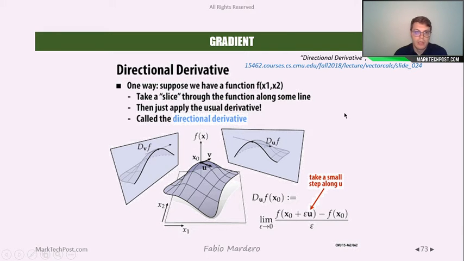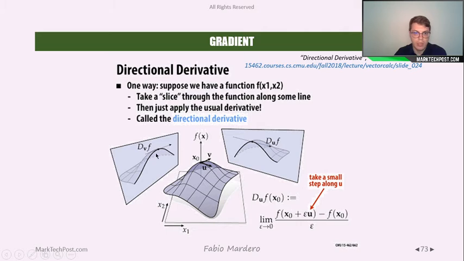And this is an example of how we can imagine the directional derivative. We have a function that goes from a 2D plane to a real number. So the function can be drawn in a 3D space.